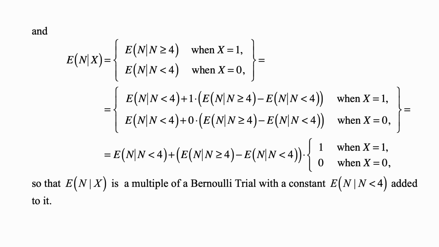So this means that this expected value of n given x is equal to the expected value of n given that n is less than 4 plus the difference of those two, the expected value of n given that n is greater than or equal to 4 minus the expected value of n given that n is less than 4, times this Bernoulli trial that we work with, 1 when x is 1 and 0 when x is 0, so that the expected value of n given x is a multiple of a Bernoulli trial with a constant added to it.